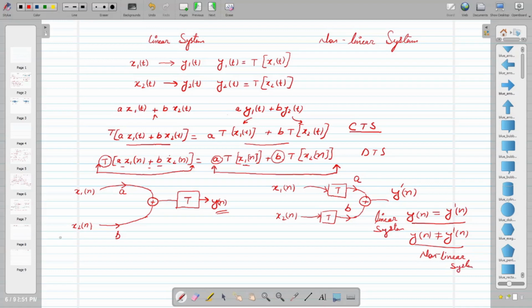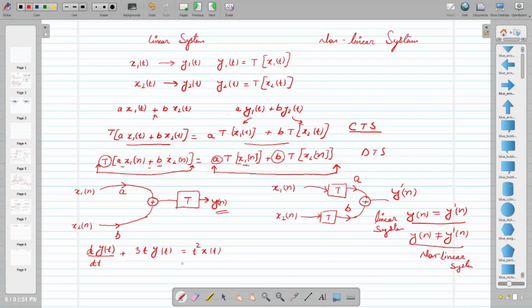We can consider certain examples for the same. Let us start with one example: dy(t)/dt, the derivative of y with respect to time, plus 3t y(t) is equal to t squared x(t).